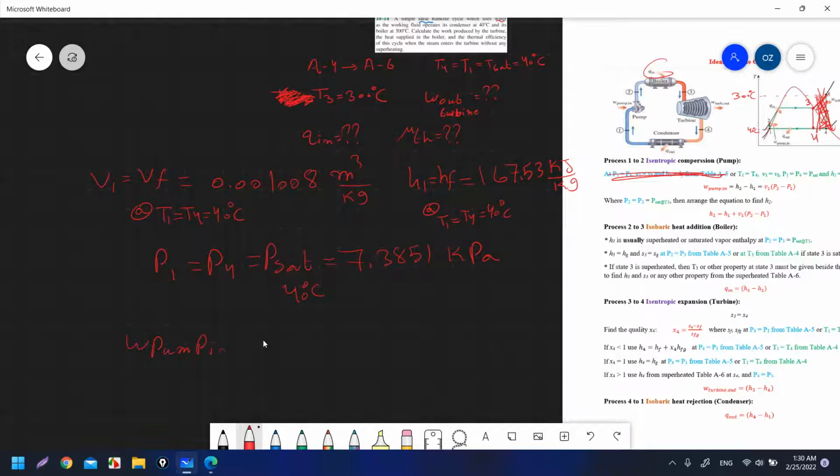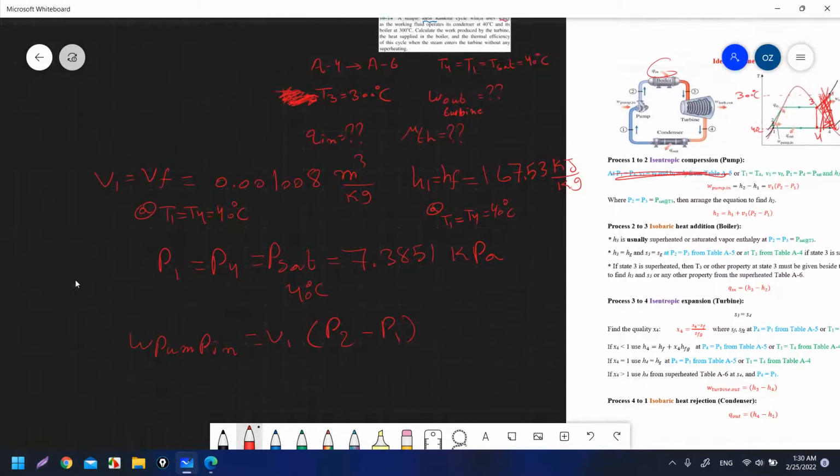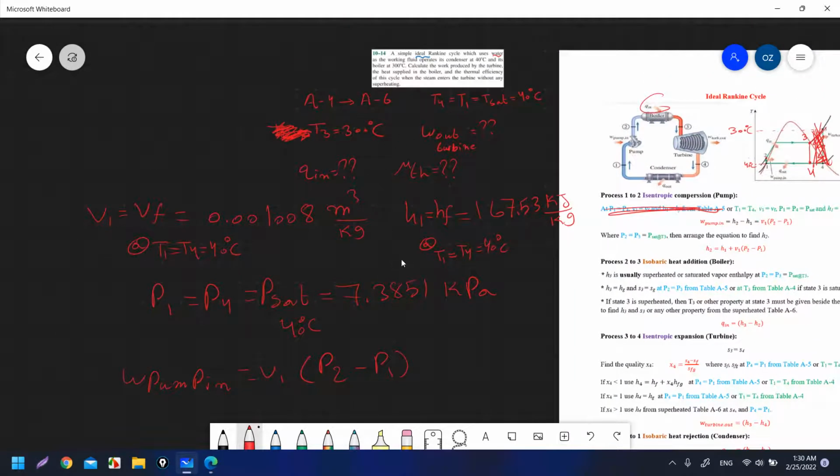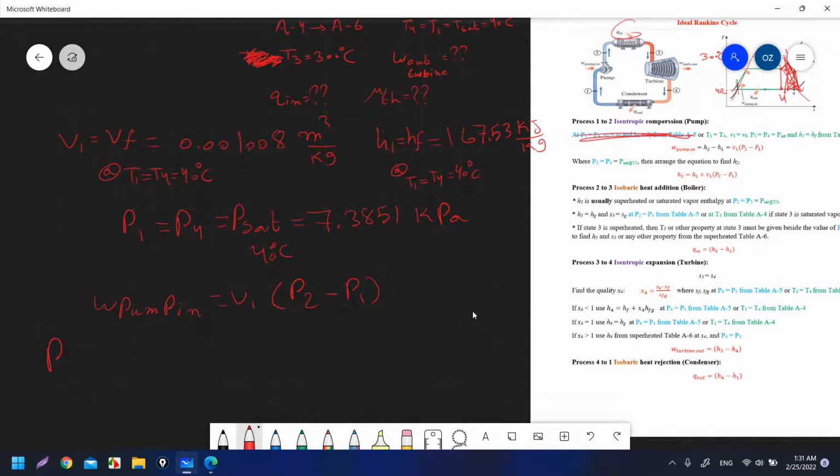So work pump in is v1 times P2 minus P1. We didn't find P2 and it's not given in the question, so we need to find it. It will be the saturation pressure at T3, because P2 is equal to P3 at T3, which is equal to 300 degrees Celsius.